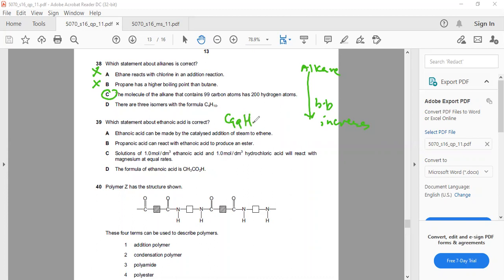C99, H2n plus 2. So 99 into 2 is C99 H198 plus 2, C99 H200. So C is the correct answer. Why D is wrong? Butane has 2 isomers.